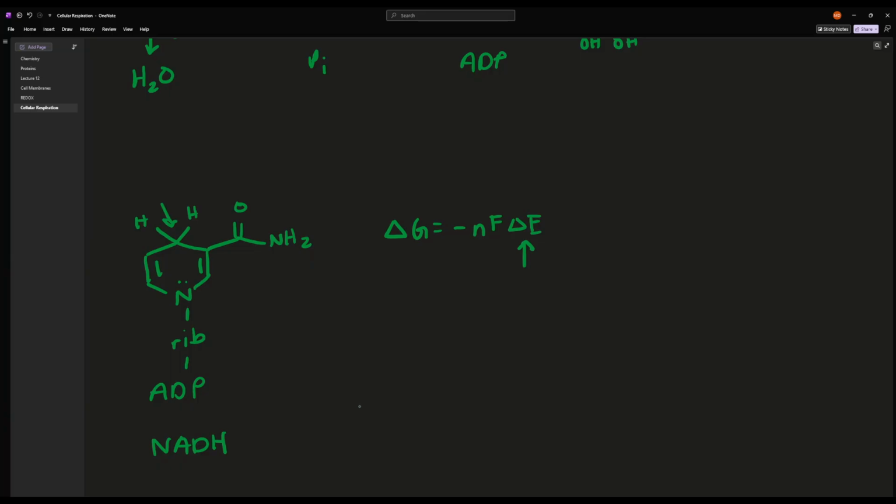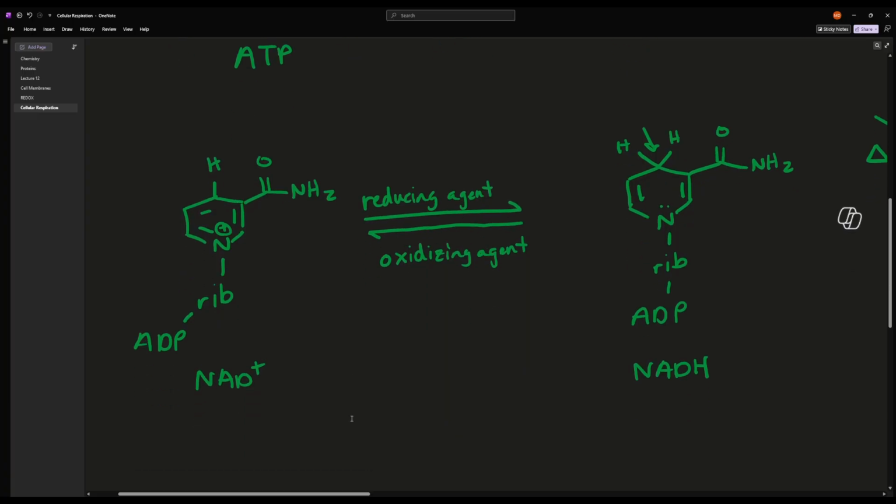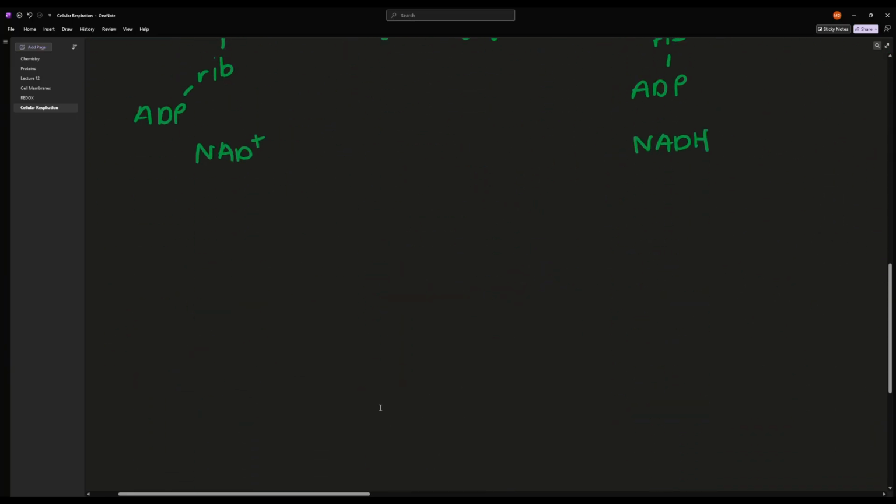Is it a reducing agent? Is it an oxidizing agent? We need the full reaction in order to determine the delta E and therefore the delta G. Okay? So, from this information alone, we cannot determine a delta G. In other words, the delta G is going to be determined based on the other half reaction.